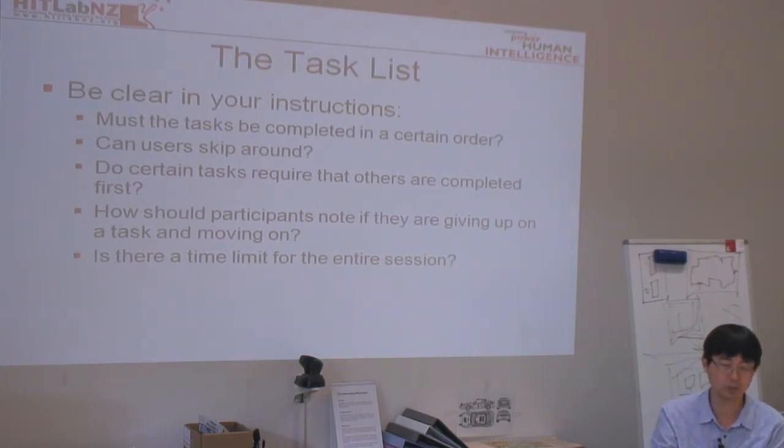You have to think of those cases in advance, know what to do, and tell the user what to do, such as whether to move on to the next task straight away, or to ask the experimenter how to do it. So you should decide and plan those things in advance.